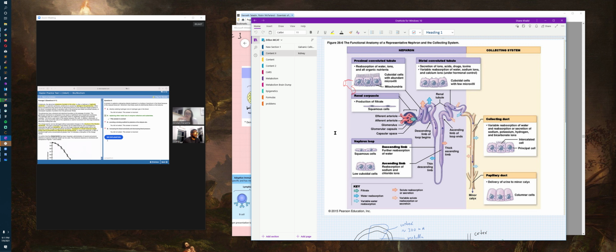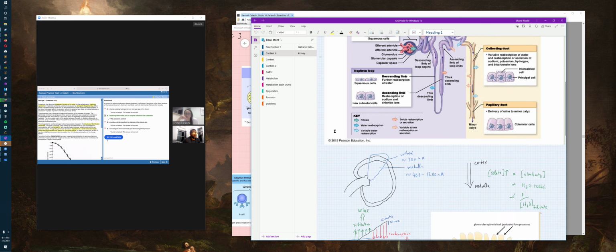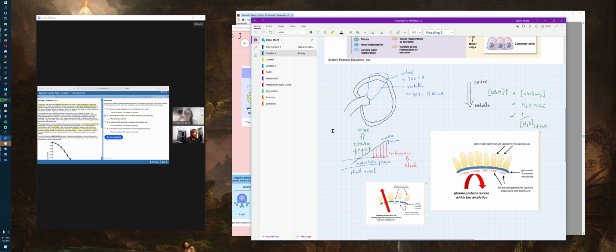So in the PCT, the proximal convoluted tubule, there's a reabsorption of water, ions, and organic nutrients. In the drawing I made underneath, I demonstrate where the cortex is and the medulla. The cortex is the outer layer, since cortex of anything basically means outer layer.